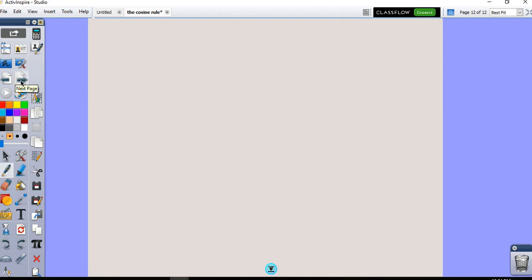Now let's say that we have this triangle, which is just a sketch, and that this side is 12, AC is 9, and BC is 6 units long, and that we want to find this angle.